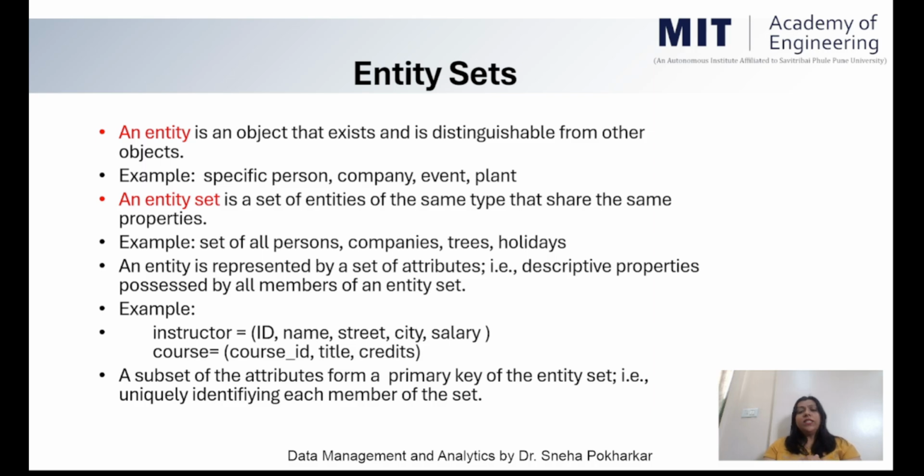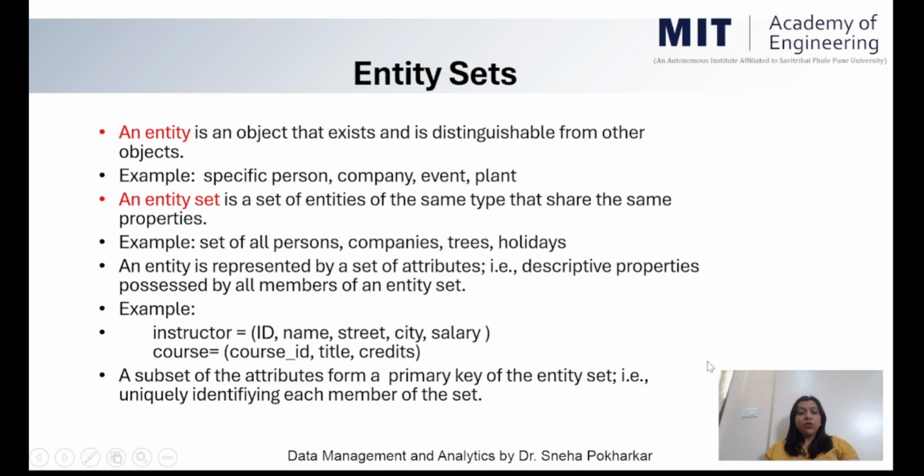So an entity set is a set of entities of the same type that share the same properties or attributes. The set of all people who are instructors at a given university, for example, can be defined as the entity set of instructors. Similarly, the entity set students might represent the set of all students in the university.